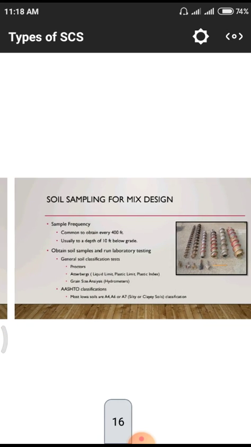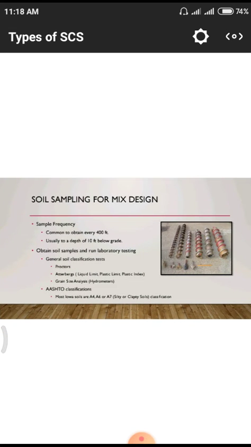And these soil samples we have to collect using augers, commonly at a 400 feet sample frequency. That means the distance between two successive samples will be 400 feet, usually at a depth of 10 feet below the grade. That means we have to dig up to 10 feet, and only then collect the sample.